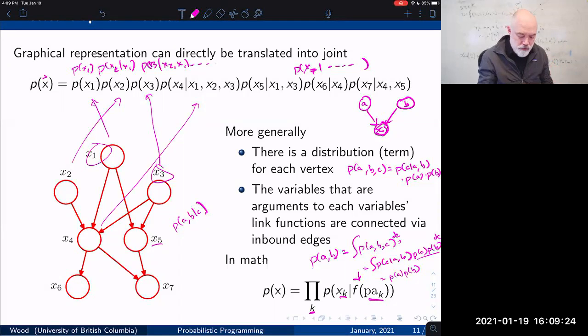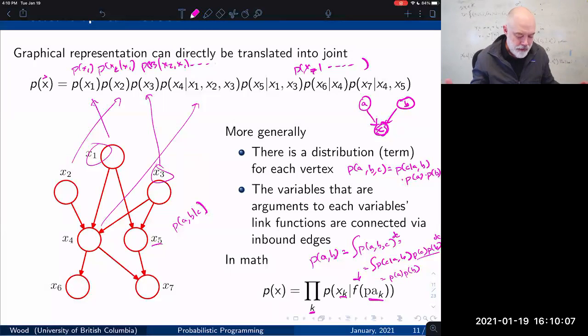So your question about whether or not x1, x2, and x3 are dependent or independent requires actual operations on the graph. You actually have to study the graph, and it depends on whether or not variables are observed or not. The story on this is a little bit more, how do you say, subtle, right?